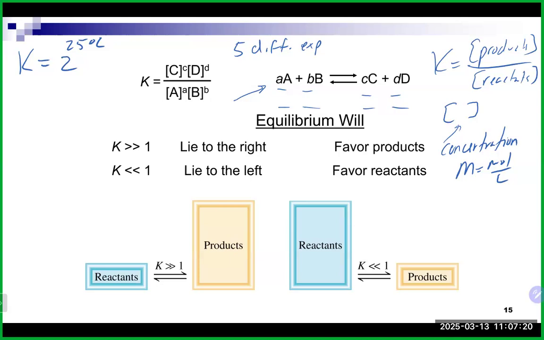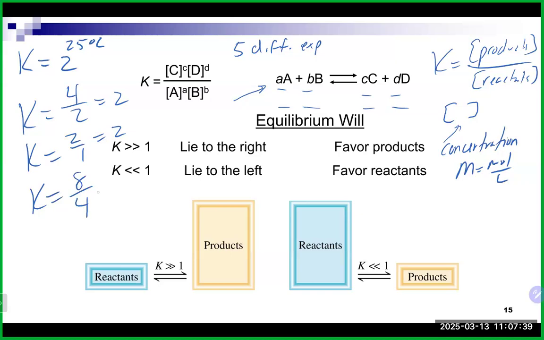Now, I could get to 2 a lot of different ways. I could take 4 divided by 2 is equal to 2. I could take 2 divided by 1 is equal to 2. I could take 8 divided by 4 is equal to 2. These are all different numbers, but they all come to the same ratio of 2.